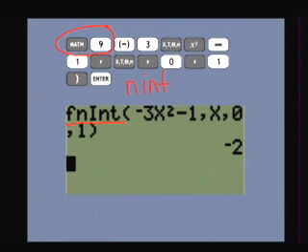Both of those require 4 arguments, and you can see them here. It requires the function, which is negative 3x squared minus 1. It requires the variable over which we are integrating, which is x, and then the lower bound followed by the upper bound. So 4 different arguments that you plug in.